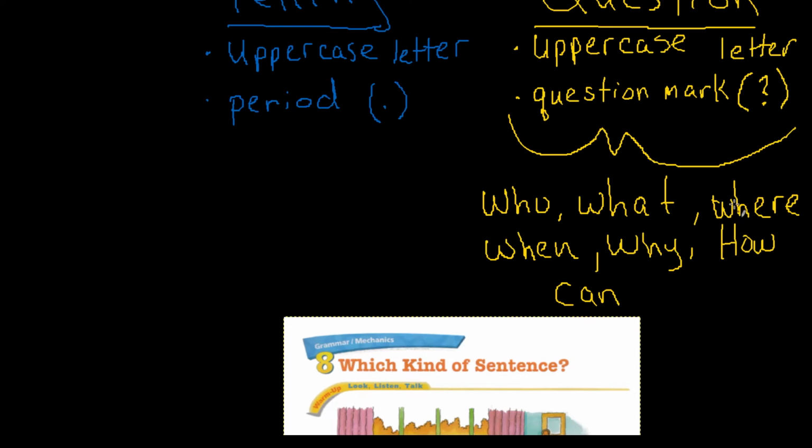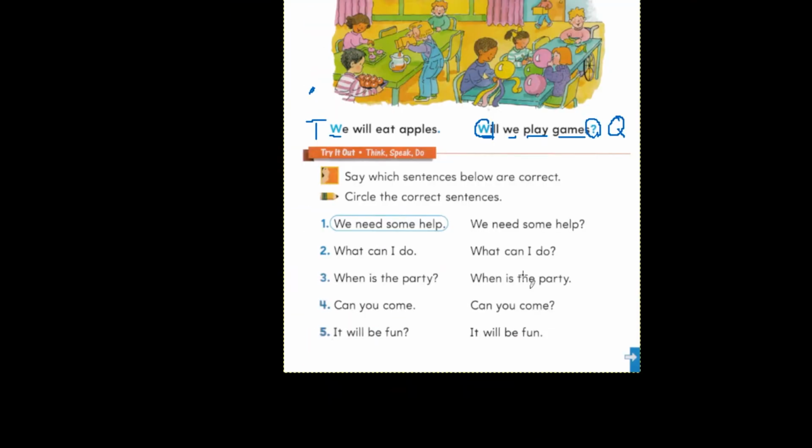These are our question words: who, what, where, when, why, how, can. Let's go down and look. We need some help. As you can see, this is our example. It's already circled. This is our statement.